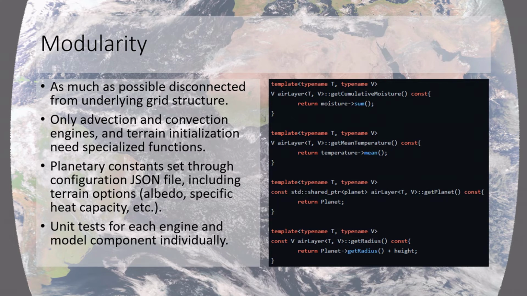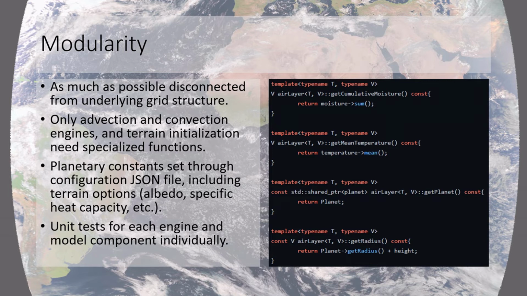One of the biggest shortcomings of the Skyscape system is how much of the parameters are hard-coded, and how integrated the underlying grid structure is into the system. So one of our main goals was to, as far as possible, disconnect our system from the underlying grid structure.